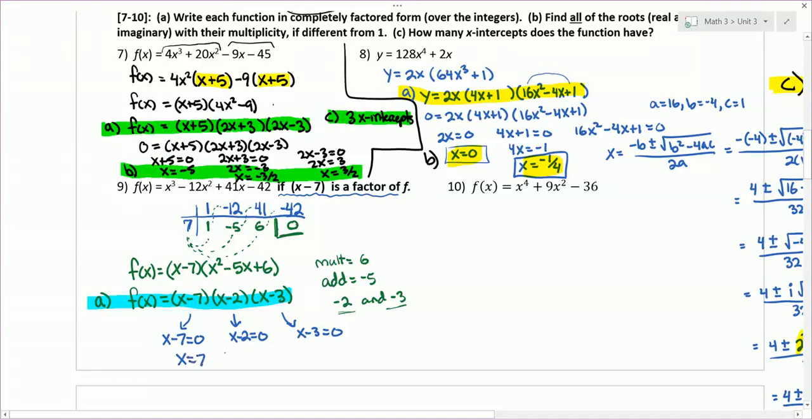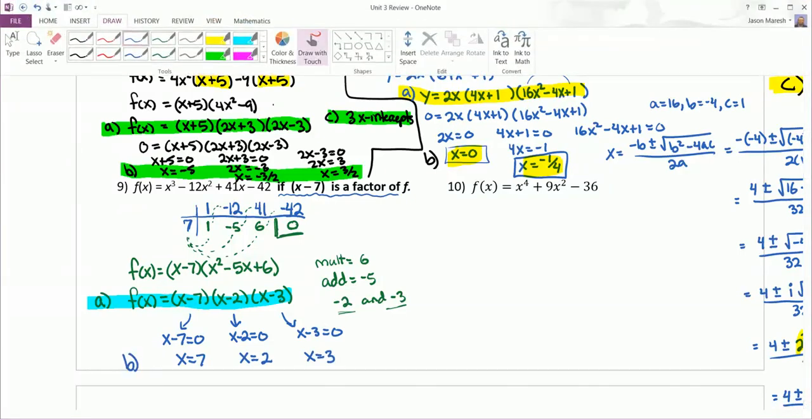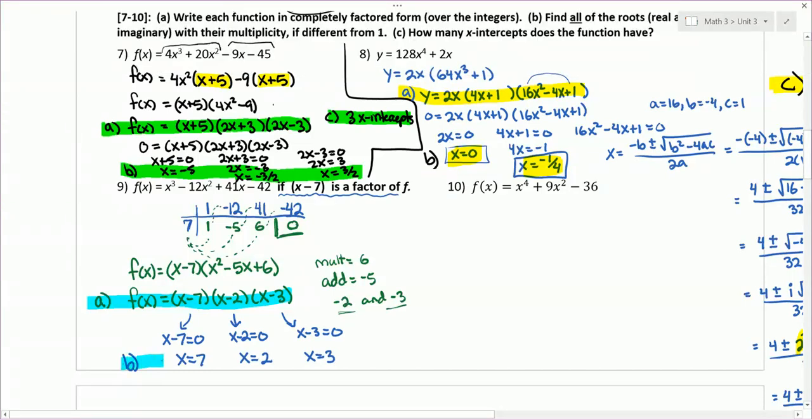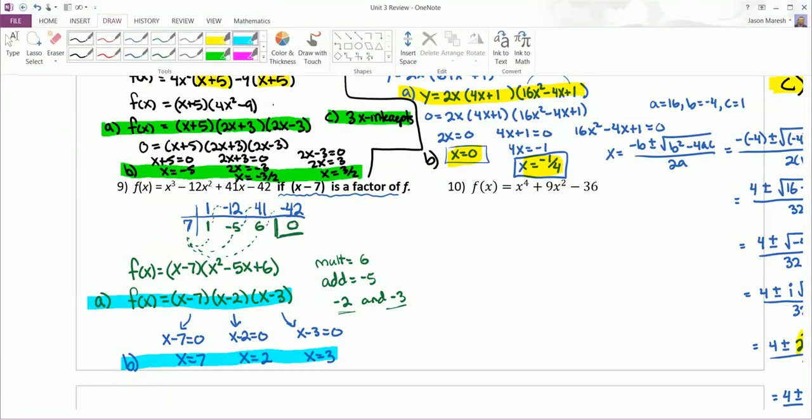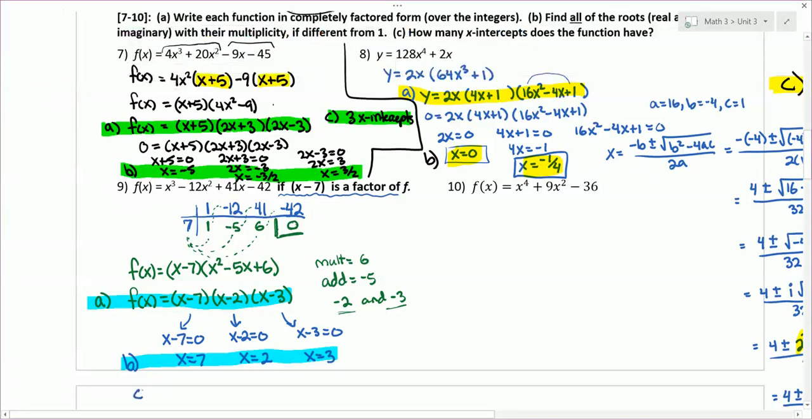So we get x is 7, x is 2, and x is 3. That's part B. And then it asks for how many x-intercepts there are. So you look at all your roots and ask, well, how many roots do I have, and how many of those in particular are real? And all of them are real in this case, so we have 3 x-intercepts.